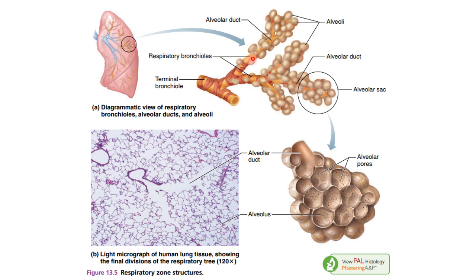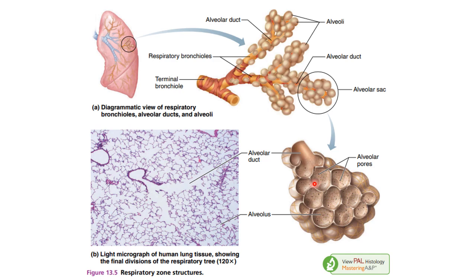So the respiratory bronchiole is also a conducting passage, but at the same time, because it already has alveoli studded on its surface, it will also participate in gas exchange. And the respiratory bronchiole will eventually terminally give the alveolar sac, which contains the majority of the alveoli. So air will go here and it will interface with the blood through the capillary. And that is where gas exchange will occur.